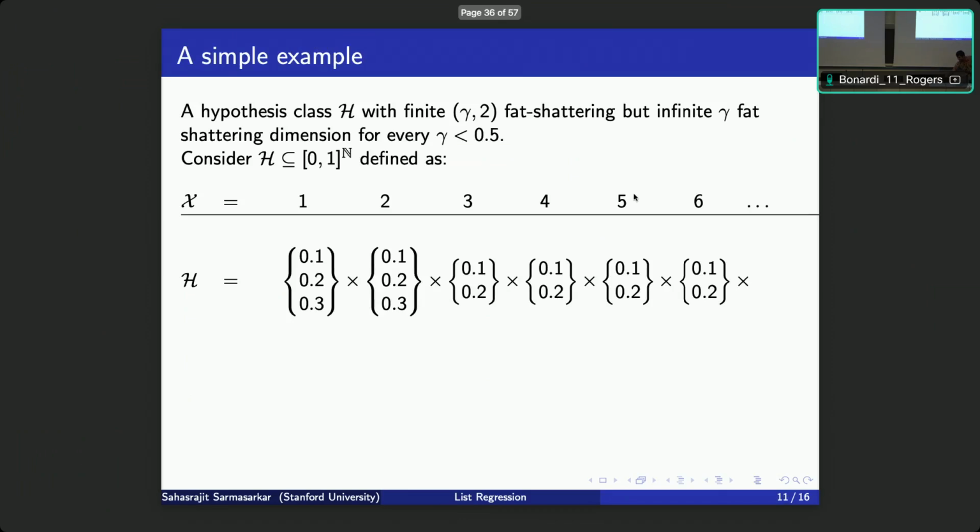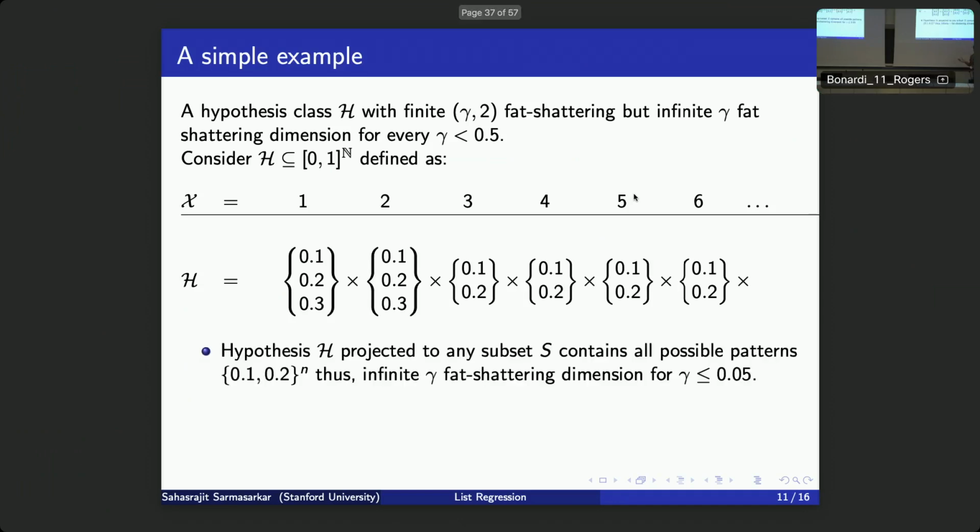So this is a very simple example, which says that you can have the gamma 2 fast shattering dimension be finite, but the gamma fast shattering dimension be infinite. You can just see that for each label 1, you have 0.1, 0.2, 0.3, 1 and 2, and for all things beyond, you just have 2 labels.